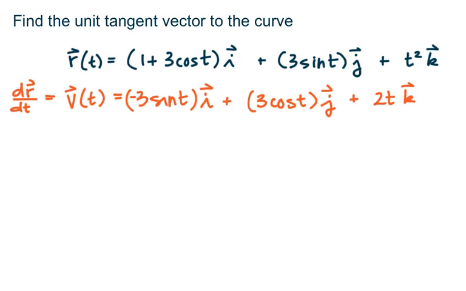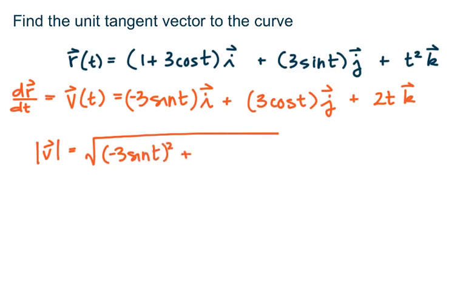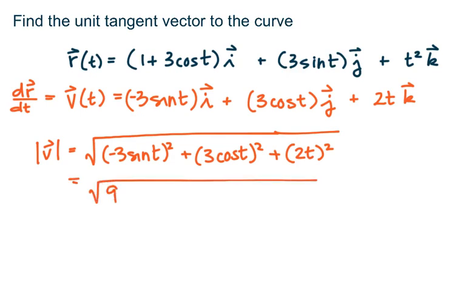We need the unit tangent vector, which means we need to take this v vector and divide it by its magnitude. So the magnitude of v is the square root of negative 3 sine t squared plus 3 cosine t squared plus 2t squared, or the square root of 9 sine squared t plus 9 cosine squared t plus 4t squared.